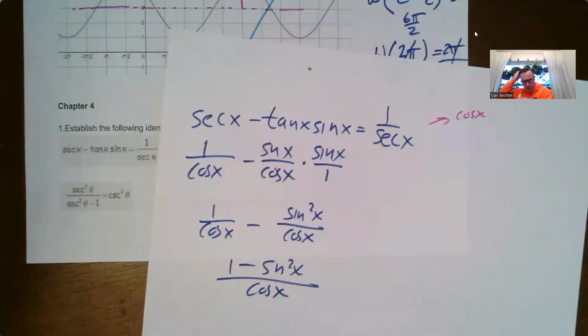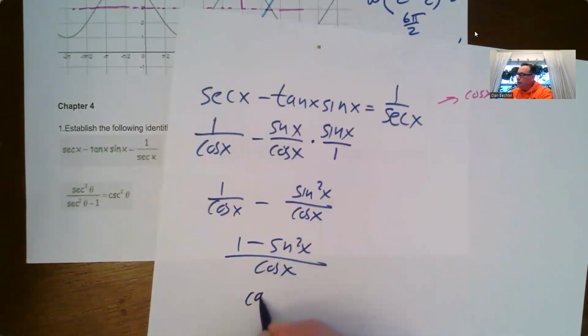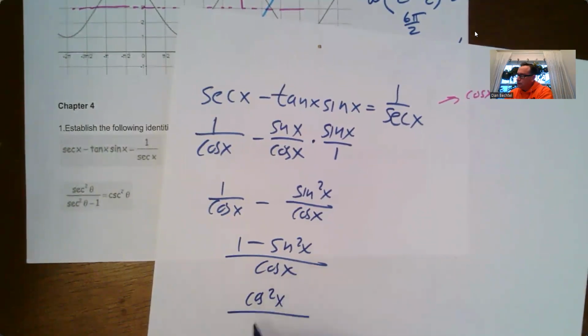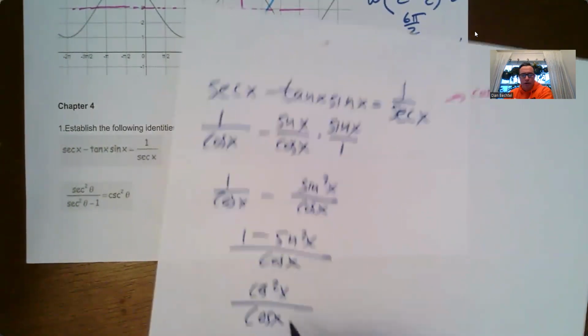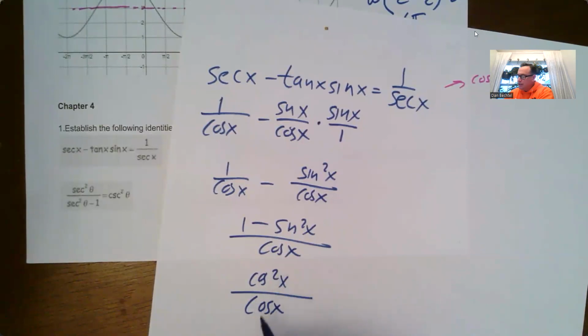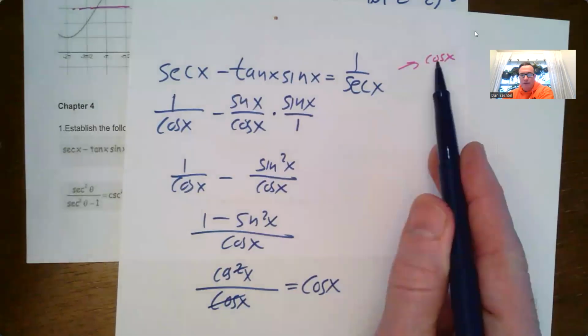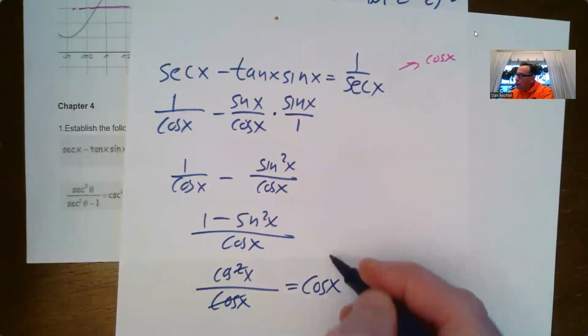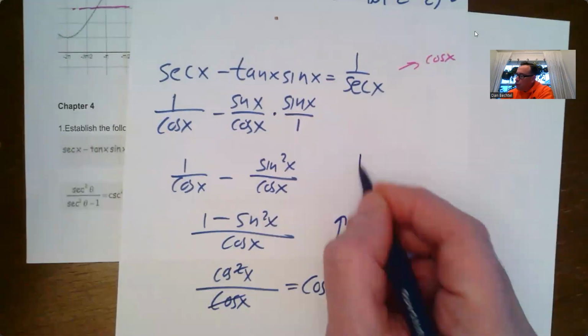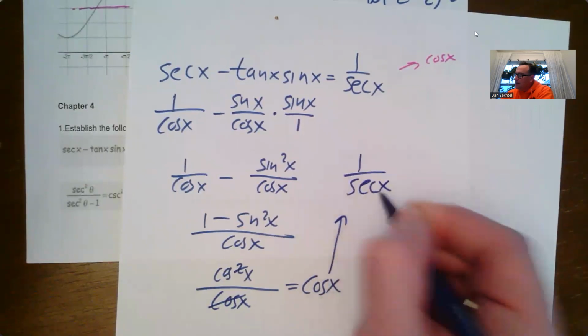Now, 1 minus sine squared should be ringing out in your head. You should be going, oh my God, I know that, because 1 minus sine squared is just cosine squared x. Well, holy crap, I've got cosine up, I've got cosine down. There are 2 of them up here and 1 of them down here. That means it'll cancel out and just give me a straight-up cosine. We were going to go for that from before, because I know that the cosine is just equal to 1 over the secant of x.